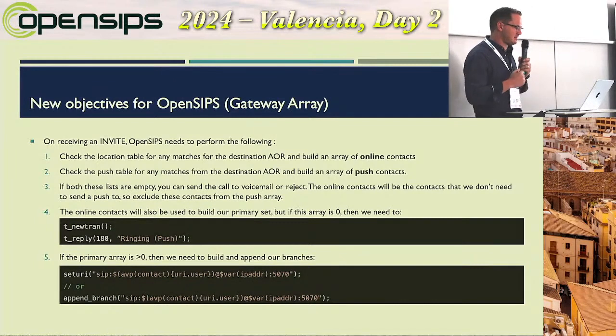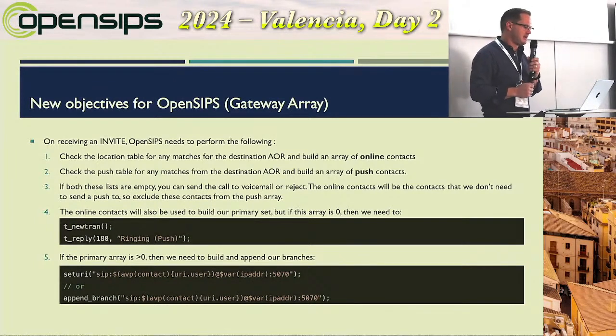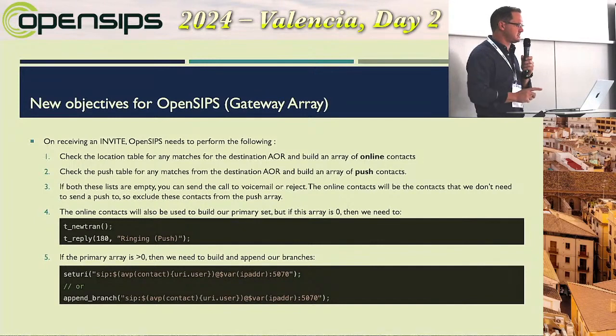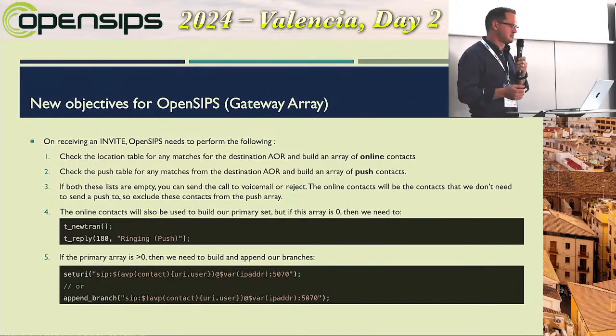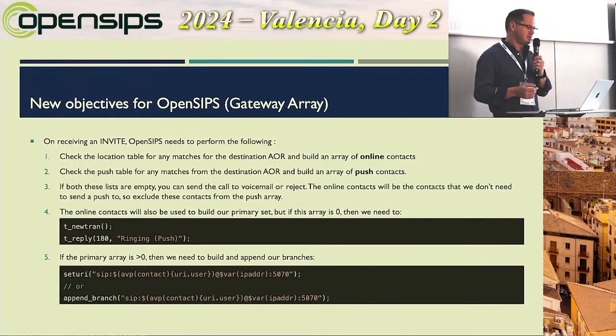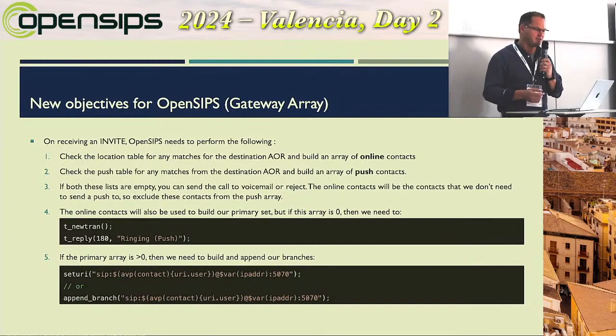So let's have a look at the online contacts. Okay? If that list is 0, so no people online, I'm only going to be sending push notifications. We obviously need to prep OpenSIPS to be able to handle this situation. So we create a new transaction with this t_newtran, and we send back a t_reply 180 ringing.